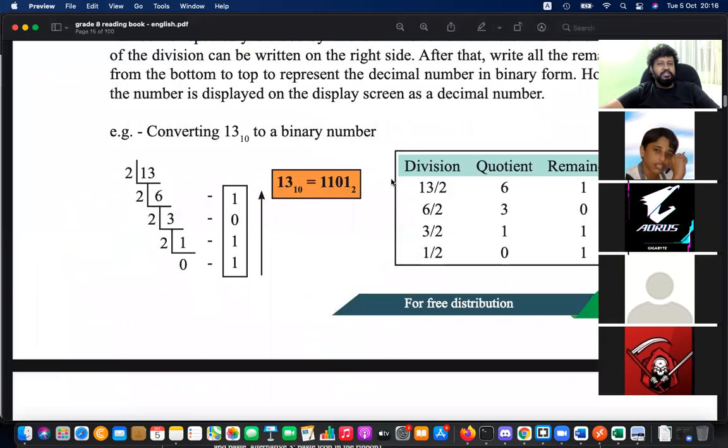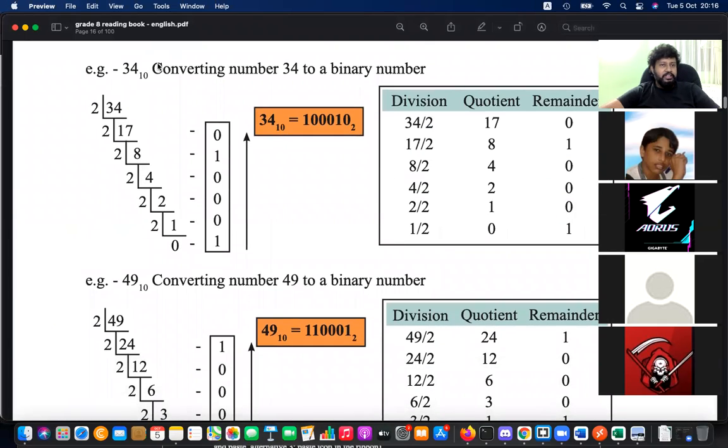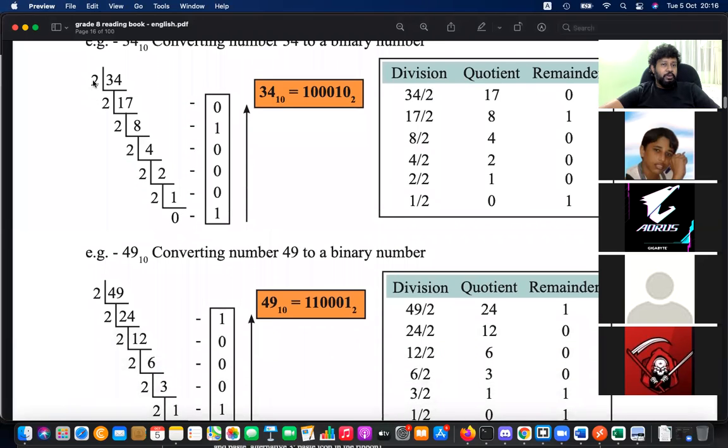Okay, so this is what we have to discuss. Okay, there are some examples given. You can try this in the book. Here 34, continuously divide and you can see the answers. Divide by 2, 17 remainder 0, 2, 8 remainder 1, divide by 2, 4 remainder 0, 2 remainder 0, 1 remainder 0 and 0. Remainder 1, then bottom to top.